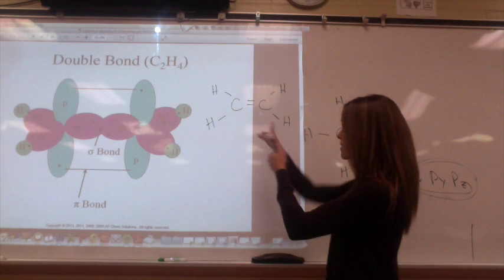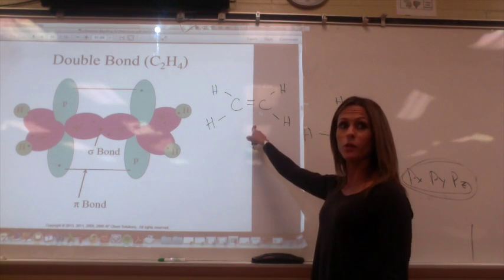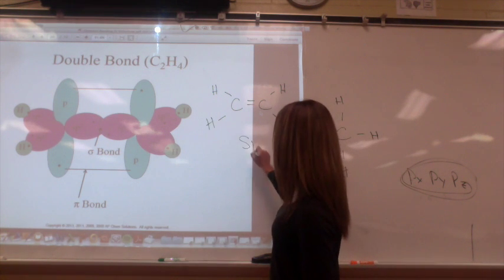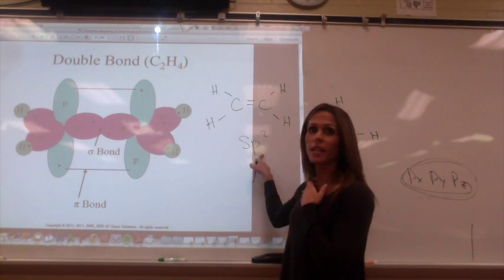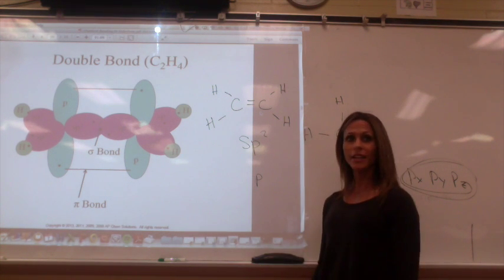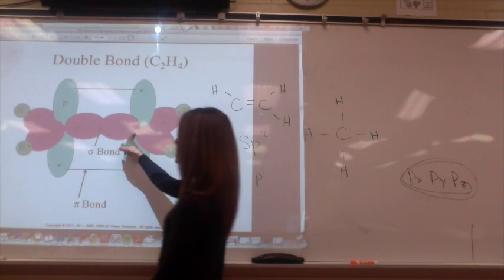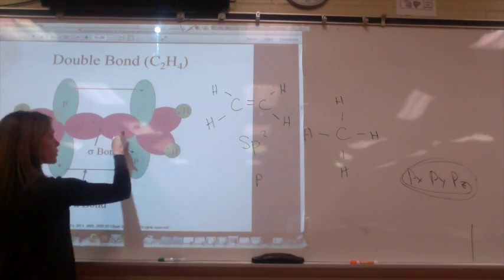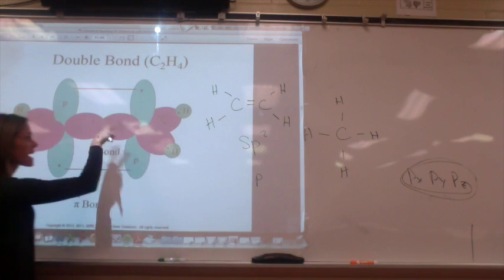So this is C2H4. This is that structure. We just saw that we're going to morph 1 part S and 2 part P, but we're going to have a leftover P orbital, right? So here's what happens. We have 3 orbitals, 1, 2, 3, and 1, 2, 3, which are these 2 carbons that are exactly the same.